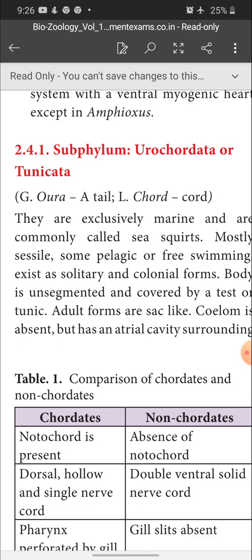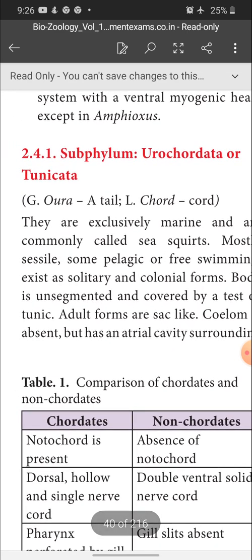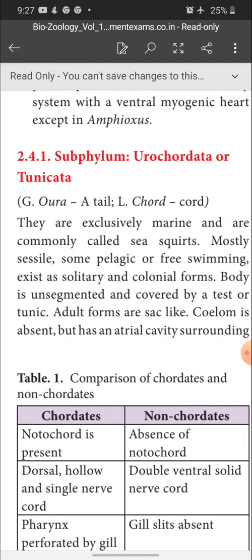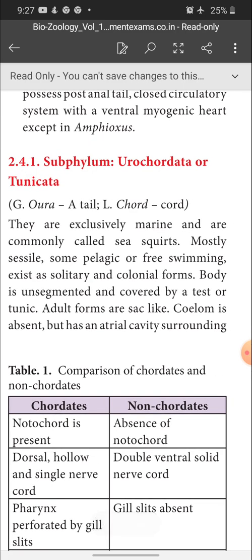Urochordata or Tunicata are exclusively marine and are commonly called sea squirts. Mostly sessile, some pelagic or free swimming, they exist as solitary and colonial forms. The body is unsegmented and covered by a test or tunic. Adult forms are sac-like. Coelom is absent.